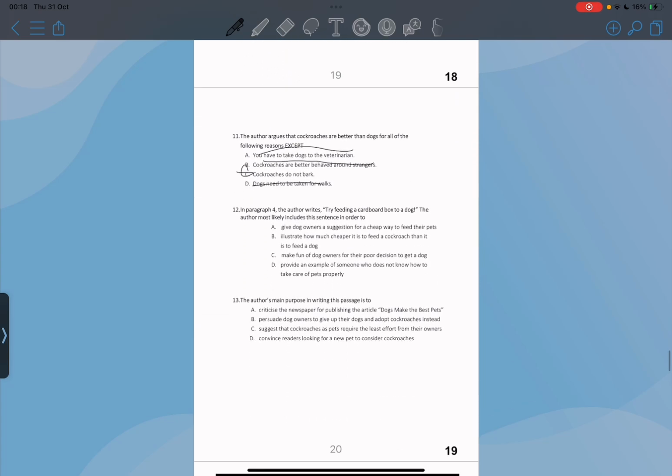Okay, question 12. In paragraph 4, the author writes, try feeding cardboard box to a dog. The author most likely includes the sentence in order to... he's not giving a suggestion. He's being satirical here again. He's making a joke and saying that dogs won't eat cardboard, right? Illustrate how much cheaper it is to feed a cockroach than it is to feed a dog.